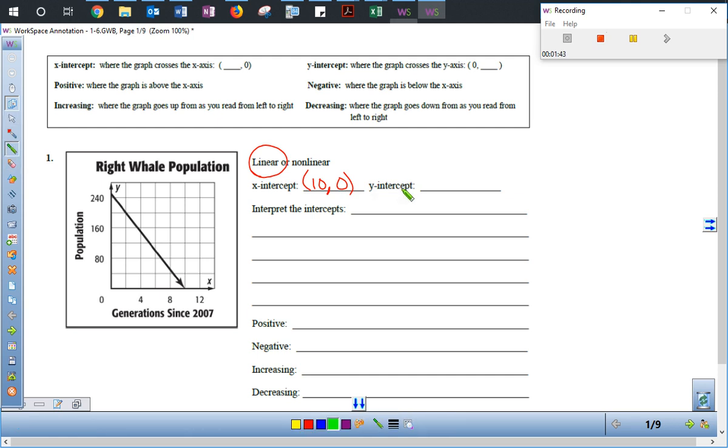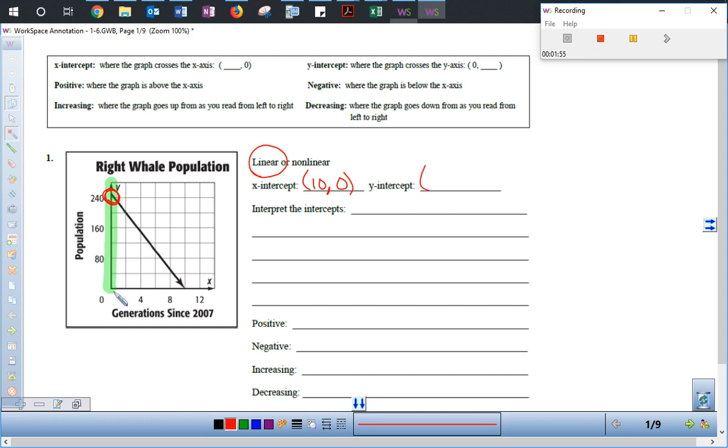And the y-intercept is where my graph crosses the y-axis. So here's my y-axis, and my graph only touches that y-axis right here. Now the x value of that ordered pair is 0, because it's x comma y. And the y value is just a little bit different than what we've been working with in the past. It doesn't look like it's exactly at the intersection.